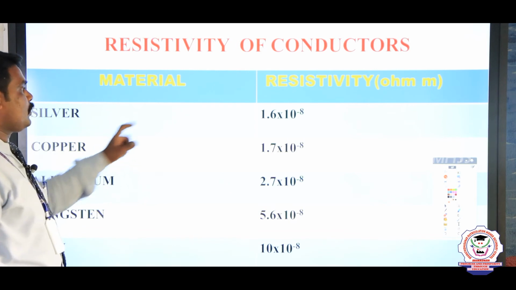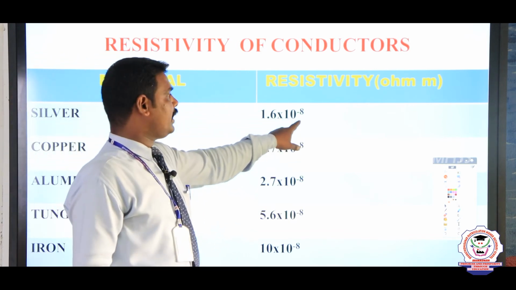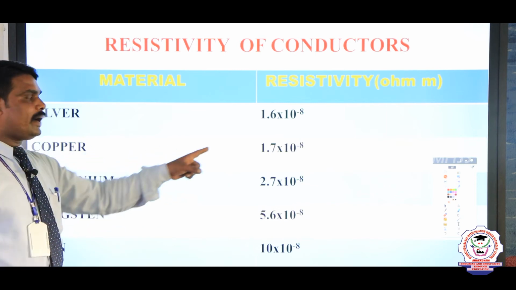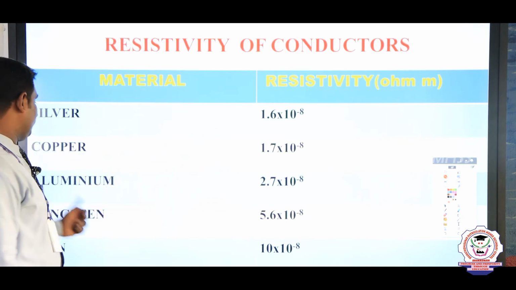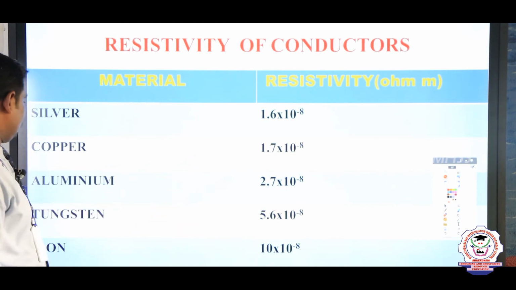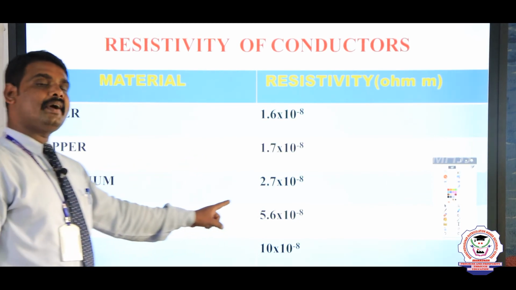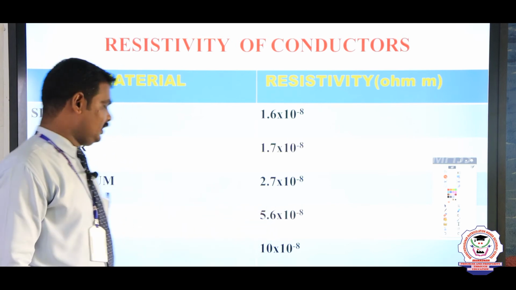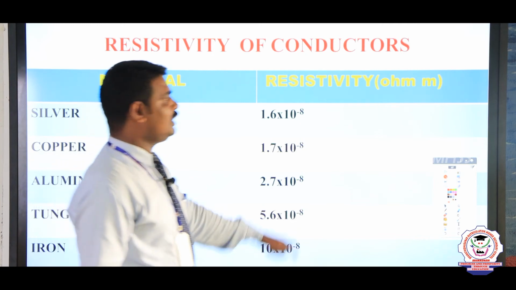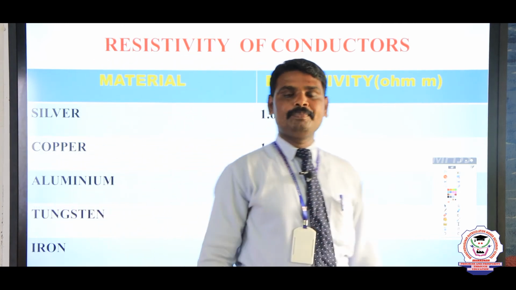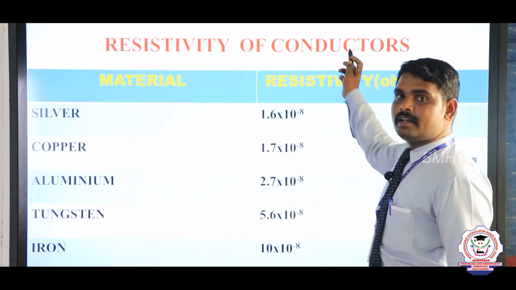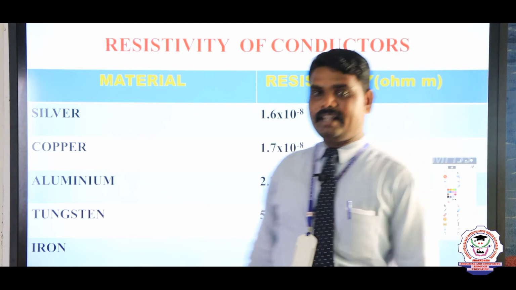For silver, 1.6 into 10 to the power minus 8 ohm meter; for copper 1.7 into 10 to the power minus 8; for aluminium 2.7 into 10 to the power minus 8; for tungsten 5.6 into 10 to the power minus 8; for iron 10 into 10 to the power minus 8 ohm meter. These are examples of conductors.